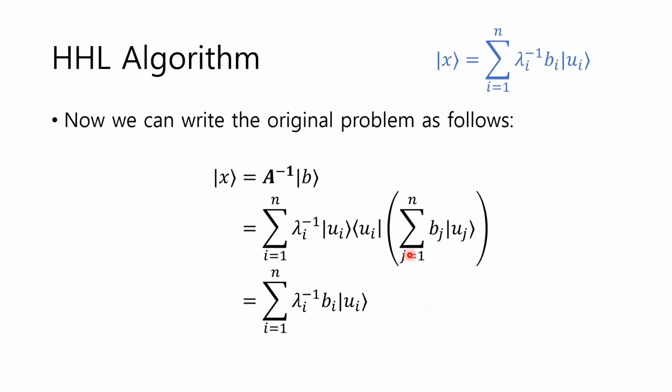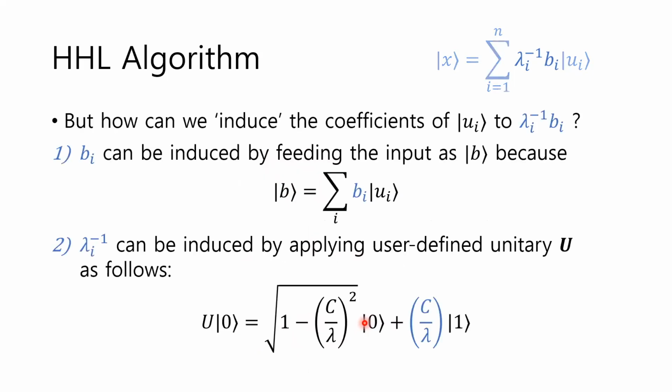So if we put all these things together, substituting the inverse of matrix A and b, you'll get this. It's nothing but the linear combination of eigenvectors with coefficients b_i divided by lambda_i.